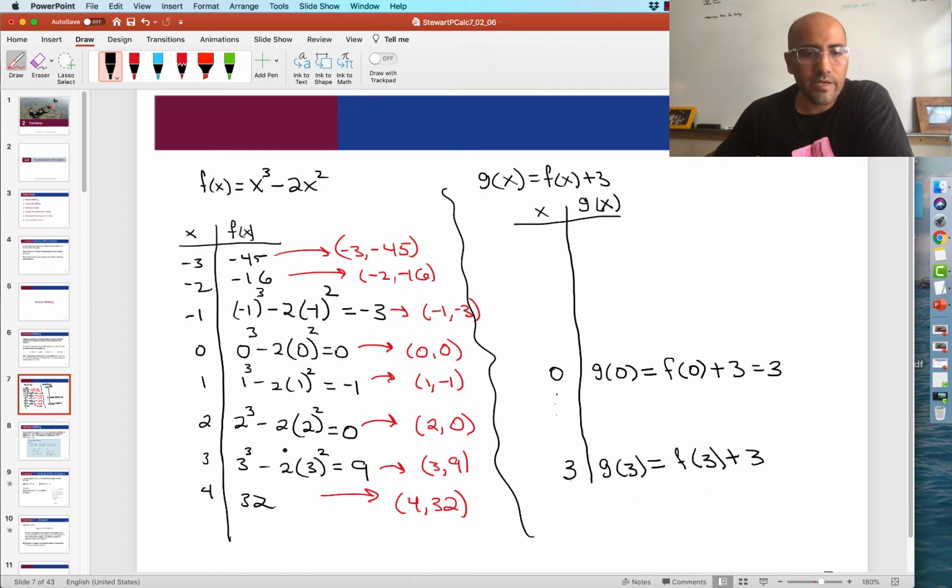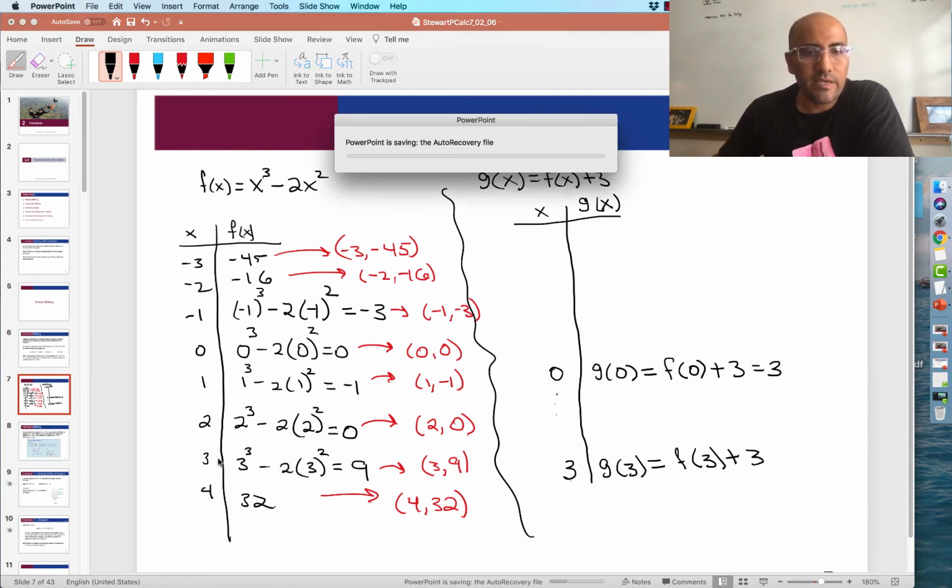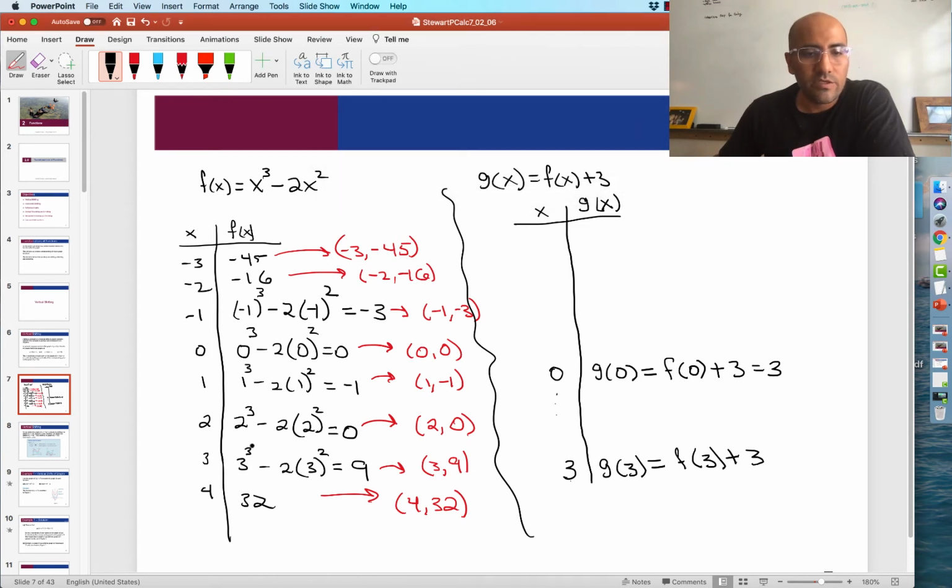And f of 3, well, that comes as a result of plugging in 3 into the f function, which gives us a 9, 27 minus 18. So this is going to be 9 plus 3, which equals 12.